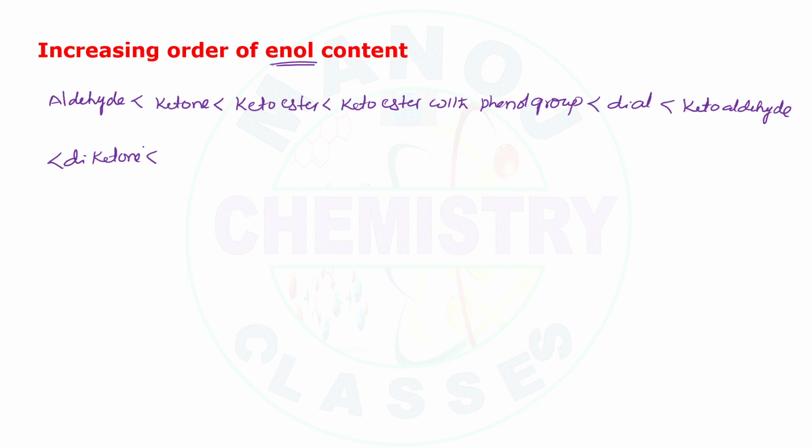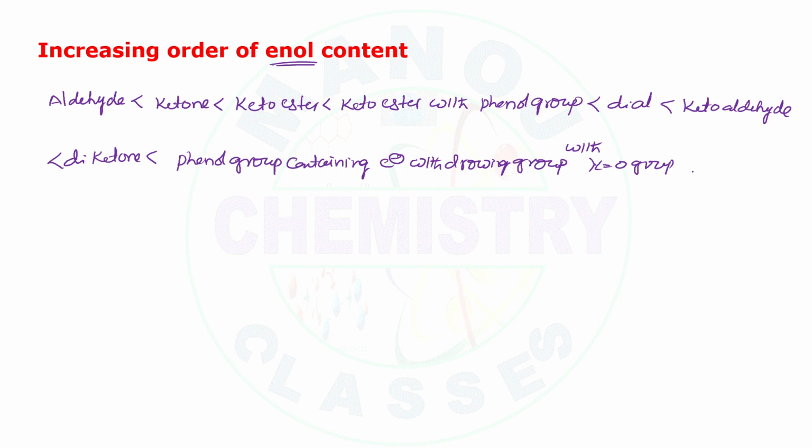Whereas the next one is phenol group containing an electron withdrawing group with a carbonyl group, with a C double bond O group. Both should be there.